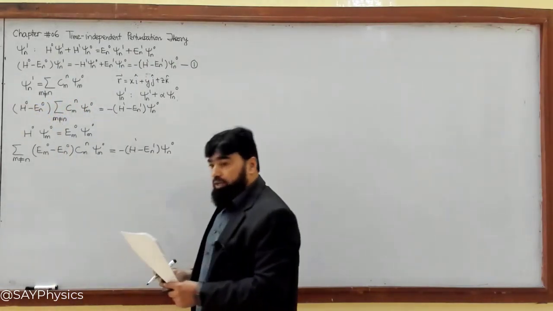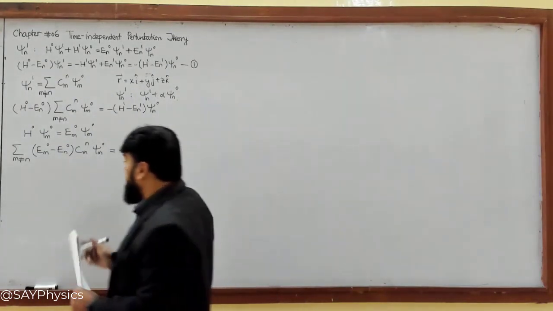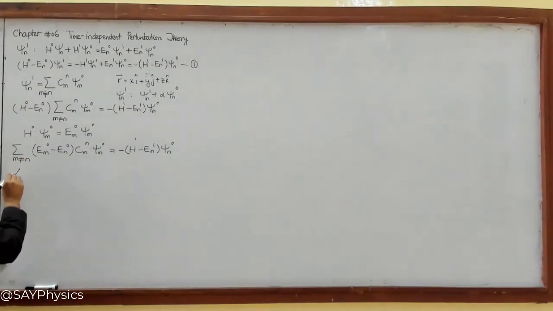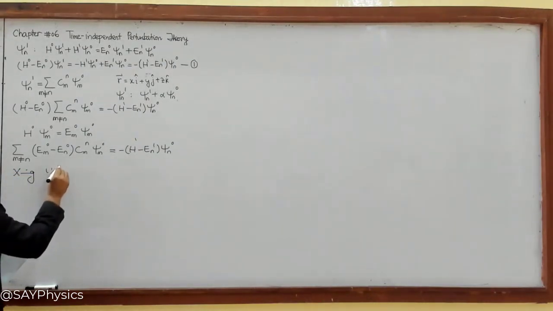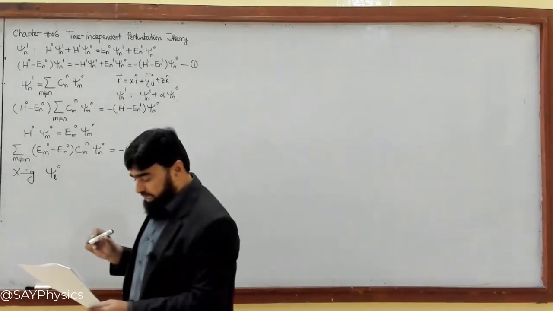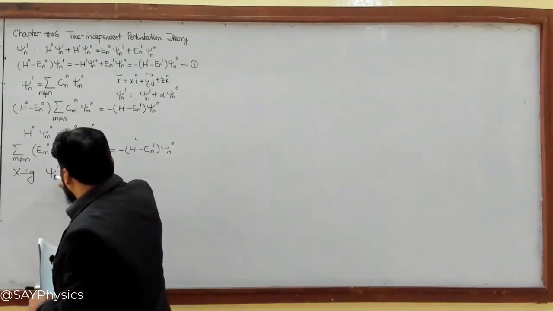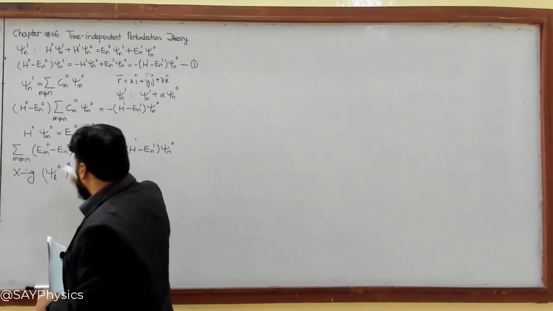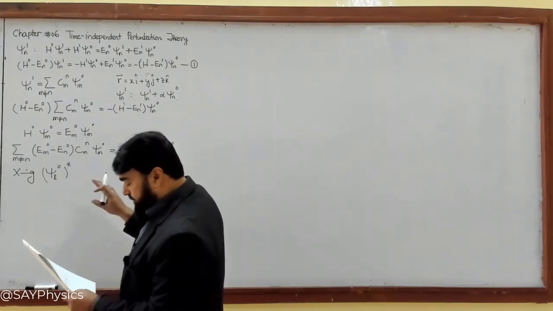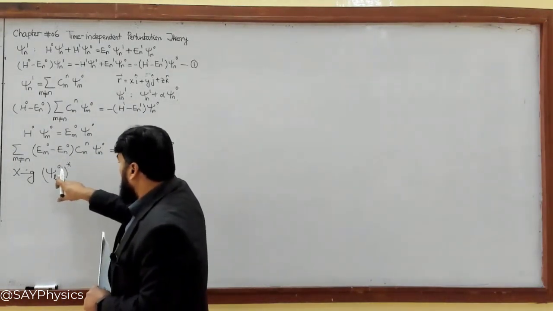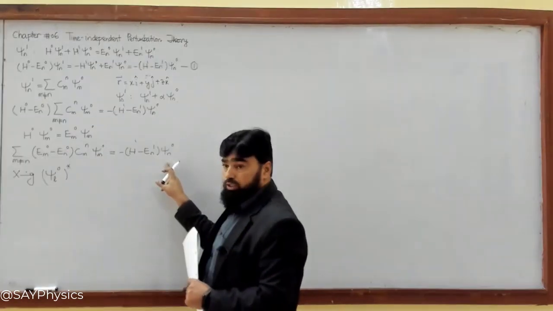To calculate this, let me multiply by psi L0, the conjugate of it, and integrate, multiplying on this side as well as on that side.